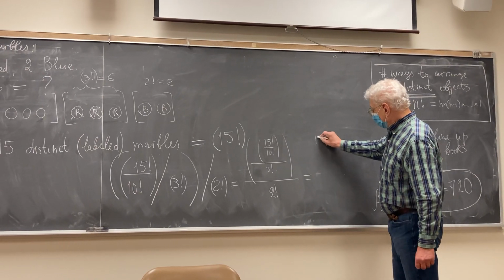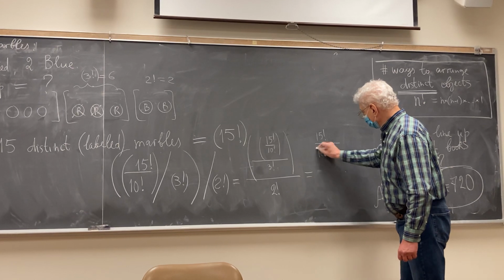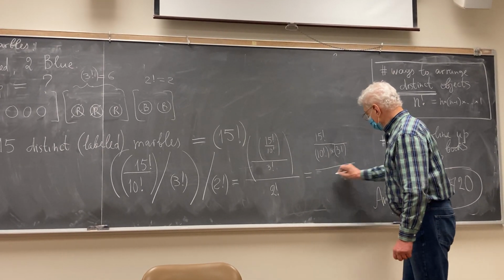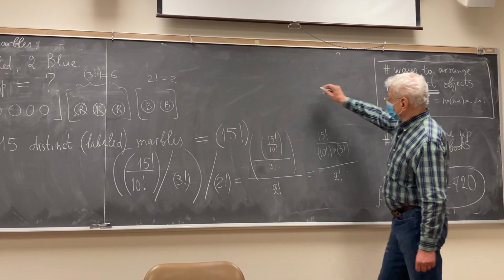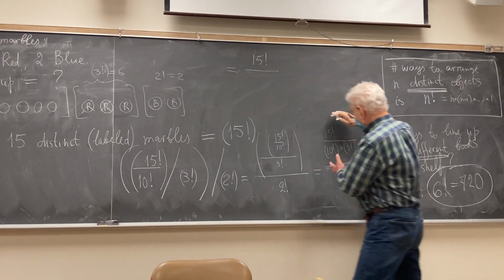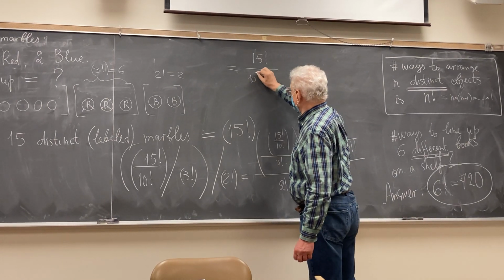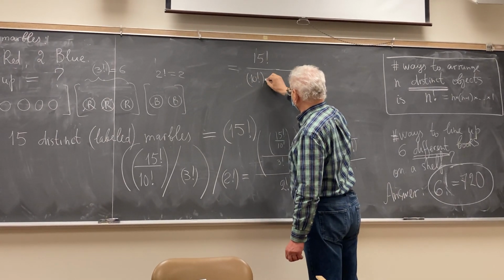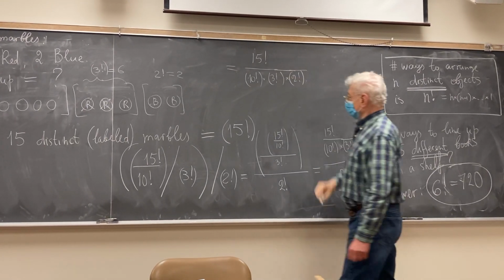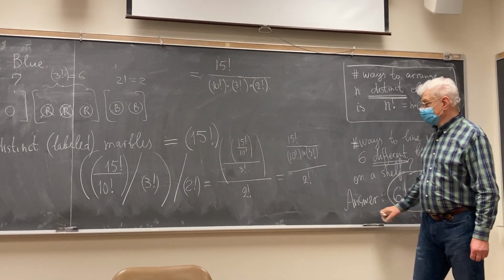So it will be 15 factorial divided by 10 factorial multiplied by 3 factorial, and then divided by 2 factorial. And so the answer is 15 factorial, and now I have to take the whole fraction and move it down. And so it will be 10 factorial times 3 factorial times 2 factorial.